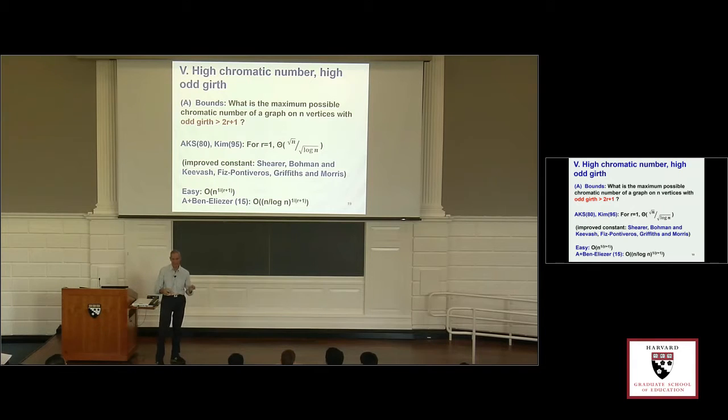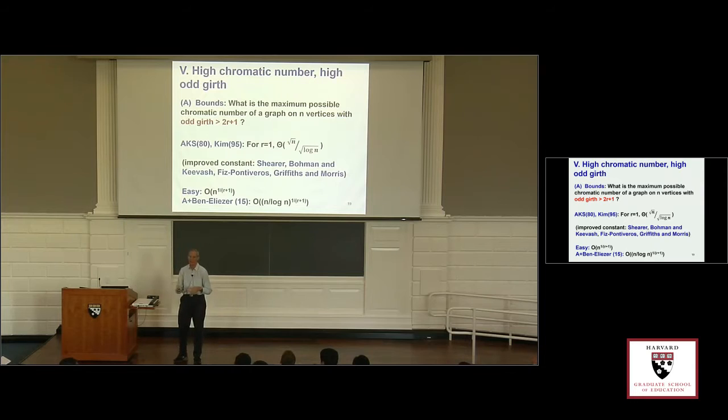Okay, so it's easy really to see that the chromatic number cannot be more than a constant times n to the 1 over r plus 1. And with Omri Ben-Eliezer, we observed, and it's not difficult, that you can also get a log factor here, so it cannot be more than (n over log n) to the 1 over r plus 1. If you plug in r equals 1, then you get the correct result for the case of triangle free.